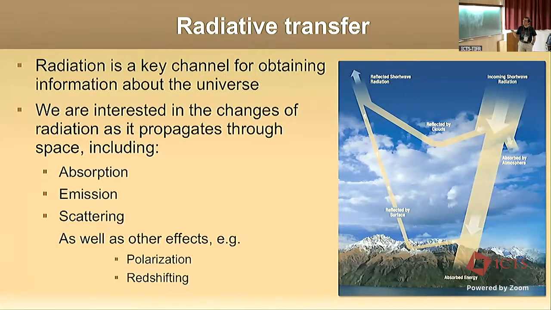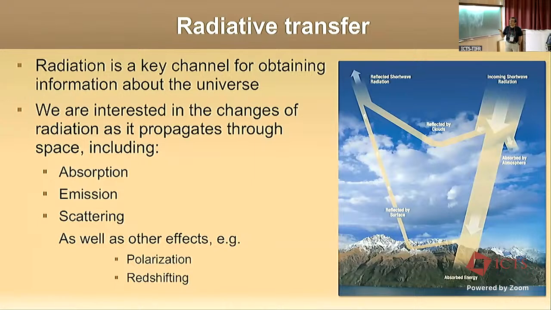Some of it could also get reflected by clouds and other things. That's why it's a little bit cooler when it's cloudy, right? Because some of the radiation gets reflected back. Some of it could get to the surface and then get reflected. And some of it could get absorbed along the way. So what gets here is a bit less than what you started with.